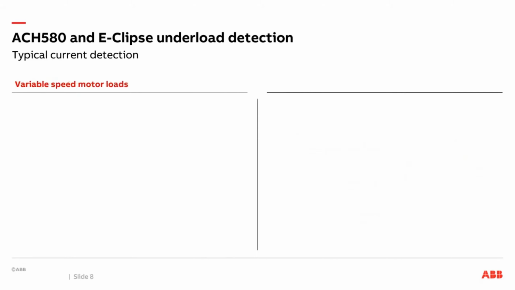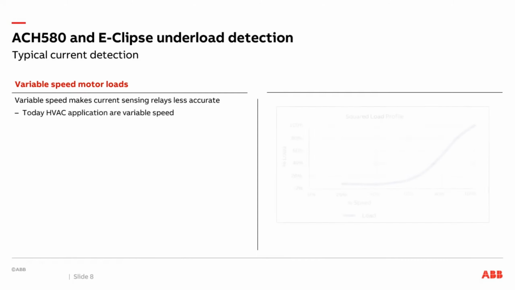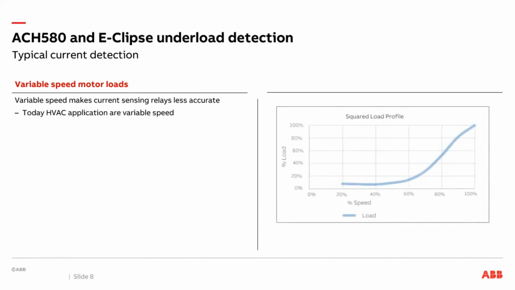I've mentioned before that current sensing relays are not the best device for variable speed detection. Most HVAC applications today are variable speed. That means we need to learn more about current sensing detection. We just saw how full load and no load current differs at 100% speed.